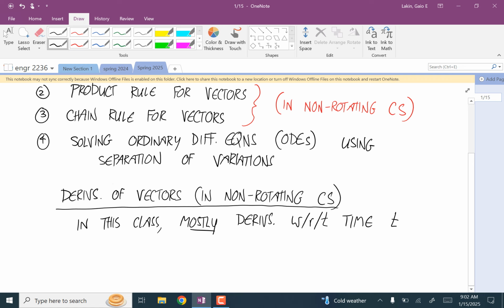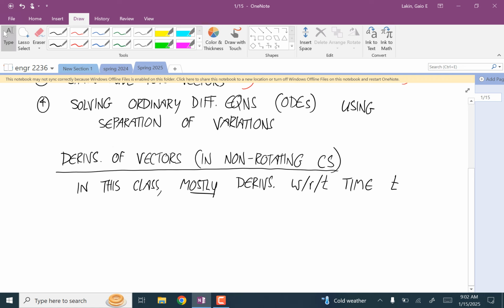And a notation that we're going to use all the time is that, if you want to take the derivative of some function f with respect to time, we're just going to use a shorthand notation. This is the same thing as f dot. Okay.